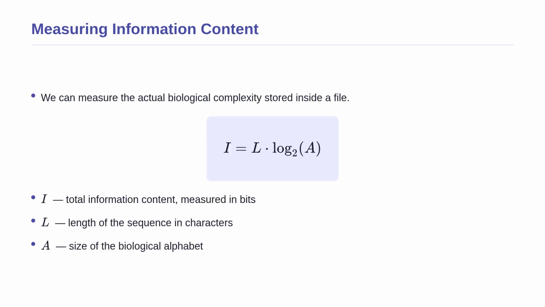Beyond just calculating the physical file size on a hard drive, we can also measure the actual biological complexity stored inside that file using principles from information theory. The formula for this is I equals L times the base 2 logarithm of A. The variable I represents the total theoretical information content, measured in bits.